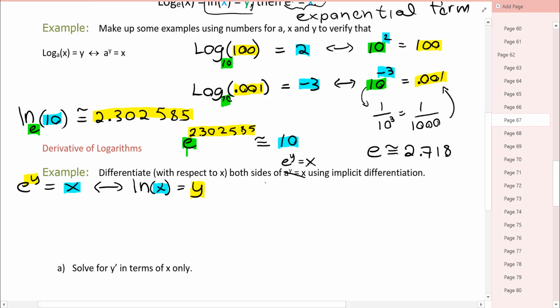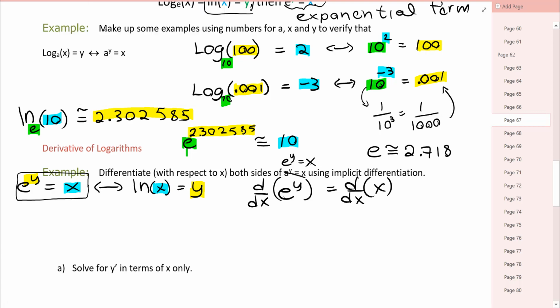Okay, so we're going to come along and go d by dx of e to the y equals d by dx of x. So we're just taking the derivative of both sides of this thing with respect to x. Now, on the left-hand side, that's an x, and that's a y. So we're thinking of y as a function of x.